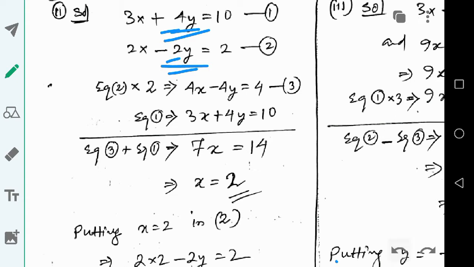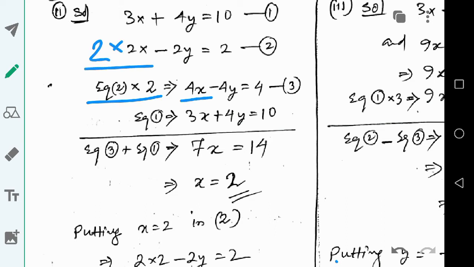Multiplying 2 with equation number 2, we have got 2 into twice x is 4x, 2 into twice y is minus 4y, and 2 into 2 is equal to 4. Suppose this is equation number 3, which was obtained from equation number 2.